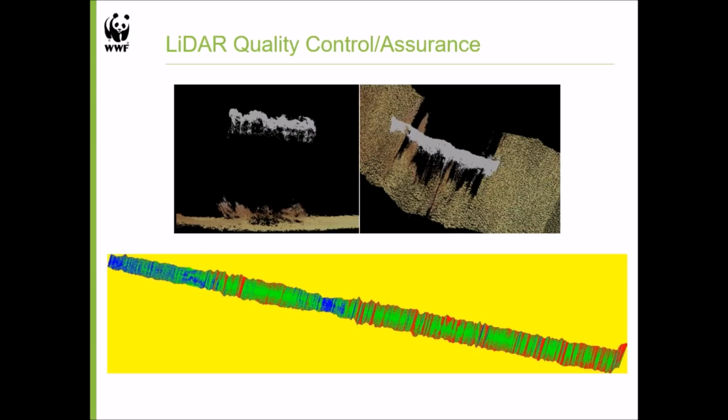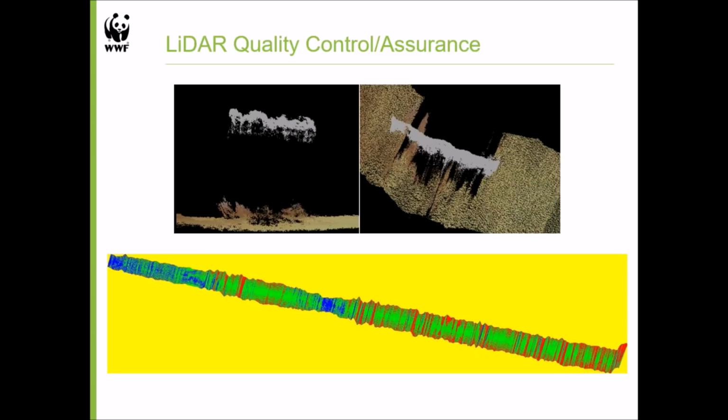But as we are working in the Amazon, there's a lot of rain there, so these problems happen sometimes, and we have to accept the cloud and not reject it, because it's almost impossible to get all the transects clear of clouds.